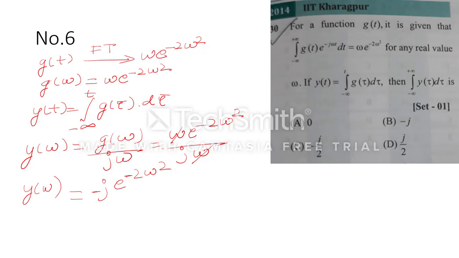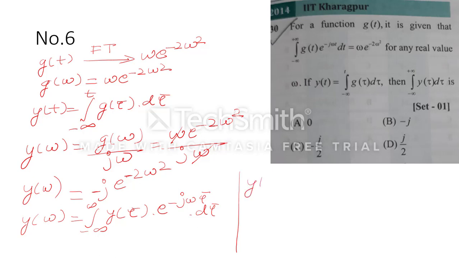Now they are asking to find the value of the integral from minus infinity to infinity of y(τ) dτ. If we compare this with the Fourier transform, we know that Y(ω) is the integral from minus infinity to infinity of y(τ) e^(−jωτ) dτ. But here e^(−jωτ) is not given, so we can assume that ω = 0.